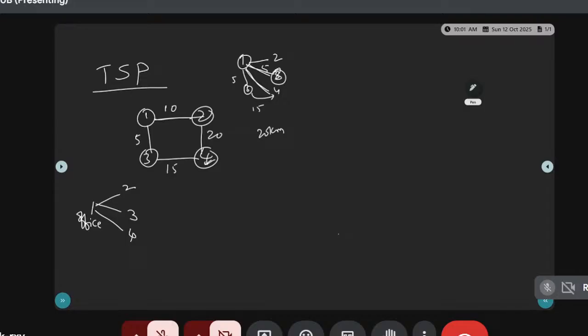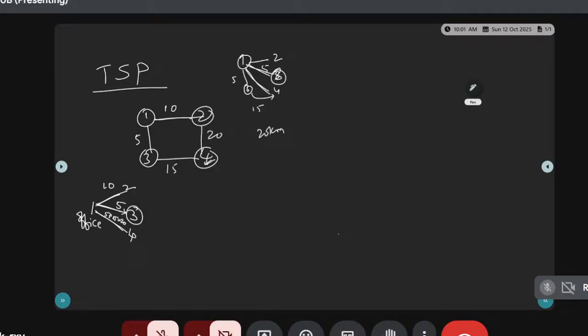Then now you calculate the distance of 1 to 2, 1 to 3. 1 to 2 is 10, 1 to 3 is 5 kilometers, 1 to 4 is 5 plus 15, that is 20. Now he's analyzing 25, 10, which is minimum. This is the minimum, so he has to visit station 3 next.